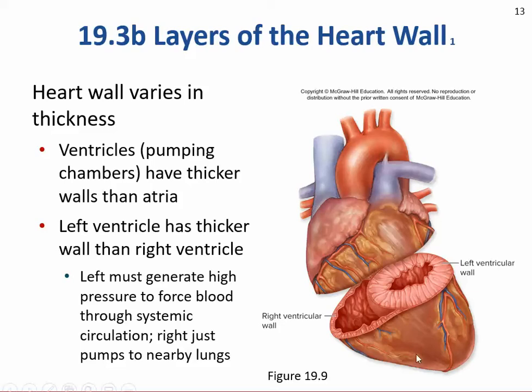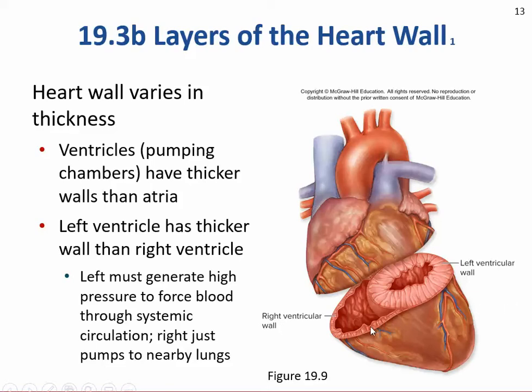The right side only has to pump to the lungs, and the distance from your heart to your lungs is maybe 4 or 5 inches. It's not very far at all. So it's under low pressure because it doesn't have a lot of resistance. So the walls of the right ventricle, because they don't have to produce as much pressure, are much thinner. On the left side, the walls are very, very thick.